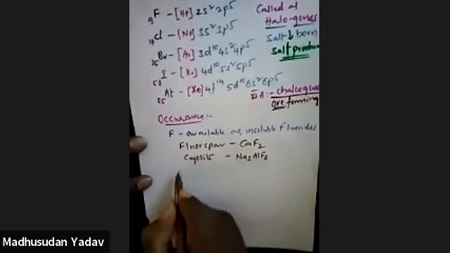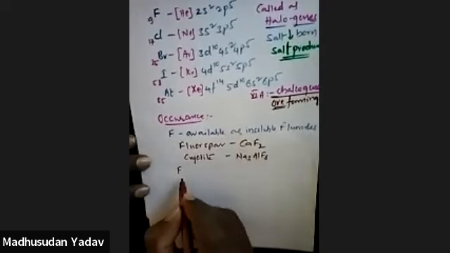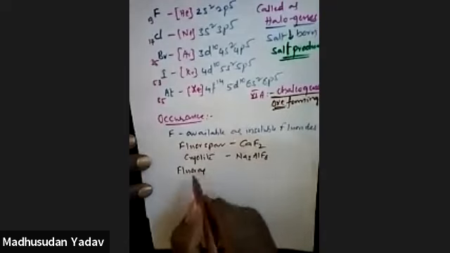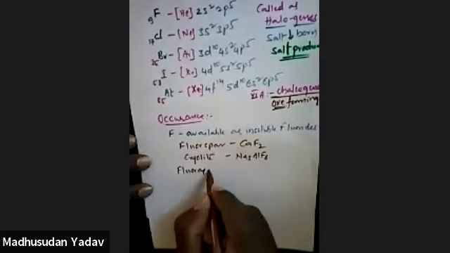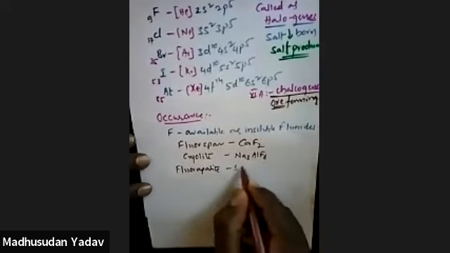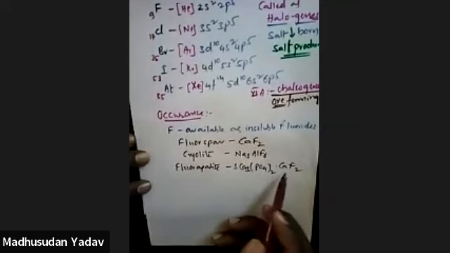Next, fluorapatite. I said phosphorus is mainly available as the apatite family. So here calcium, phosphorus, and fluorine are all available as the apatite family. Fluorapatite means CaF2 is present in this. So here Ca3(PO4)2 and CaF2. This is called fluorapatite, mainly present in bones and teeth.